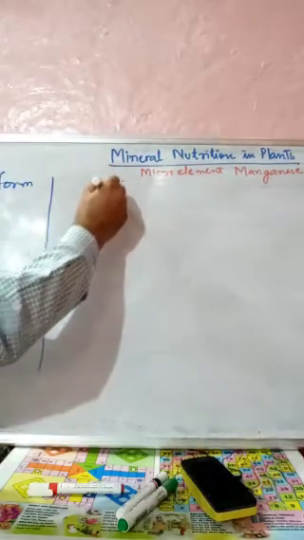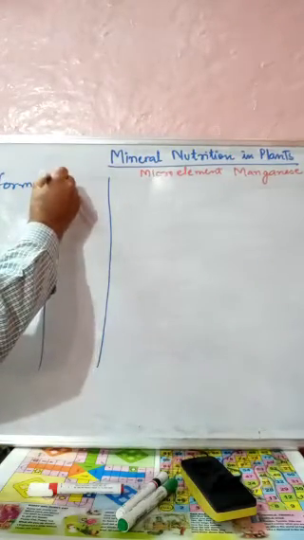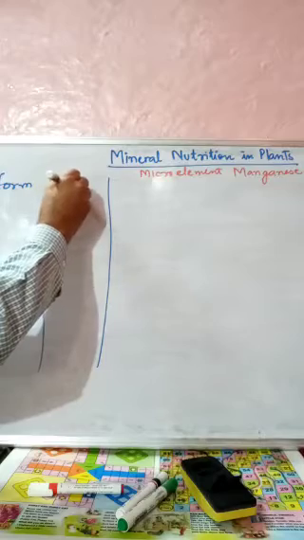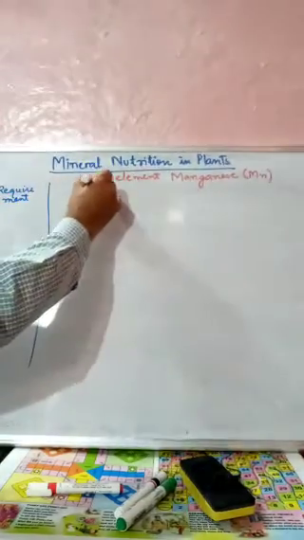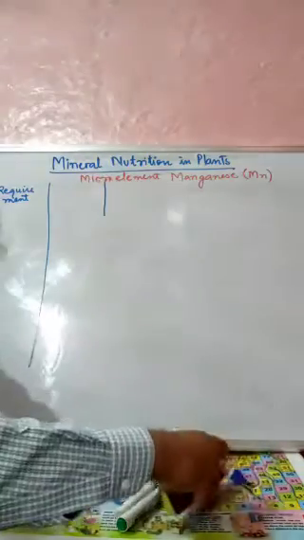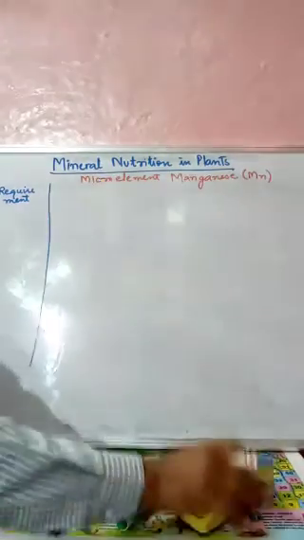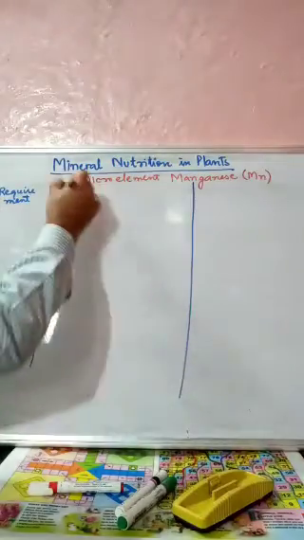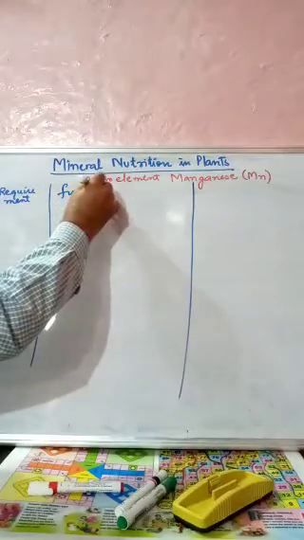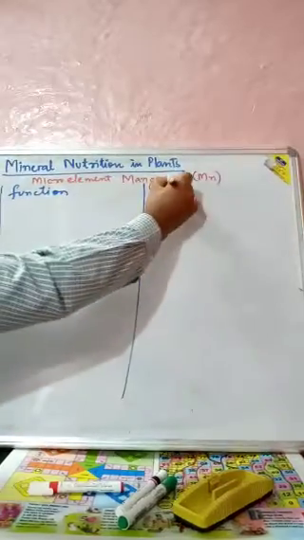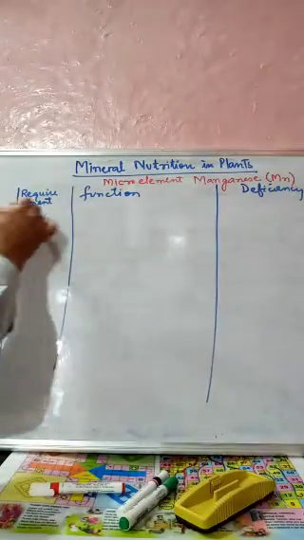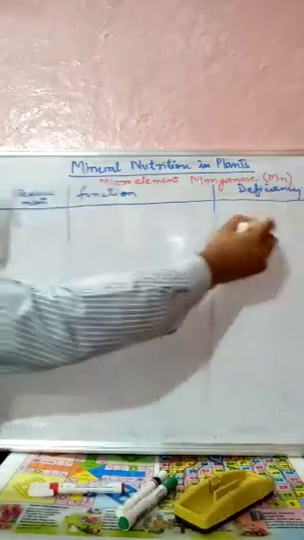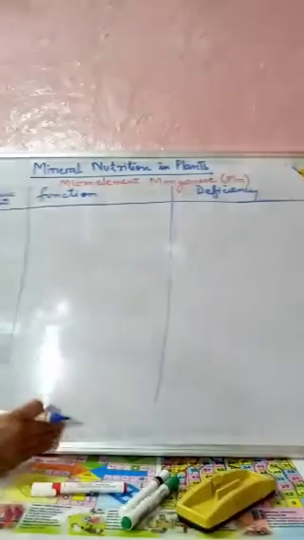Second, the requirement, where it is required. Third, the function. And last, the deficiency.